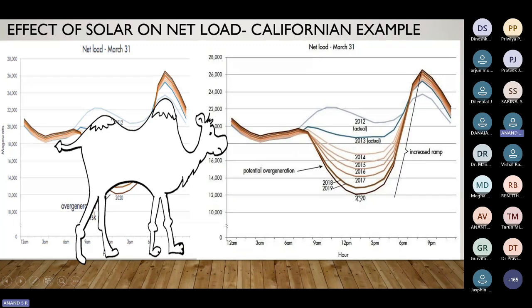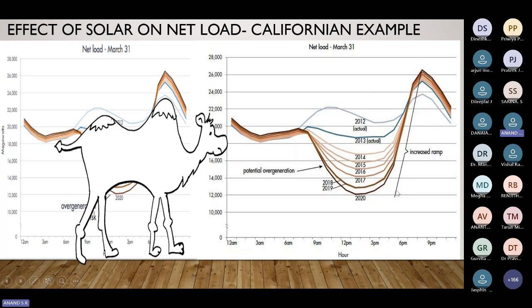And by 2020, this was coming to something around 12,000 megawatt compared to the 22,000 megawatt in 2012 during daytime. And again, the evening peak is remaining almost the same. And the problem that we will face is that with the inception of dusk, the ramping required is comparatively very high. This is the ramping.